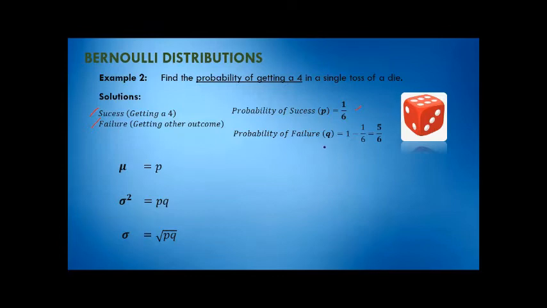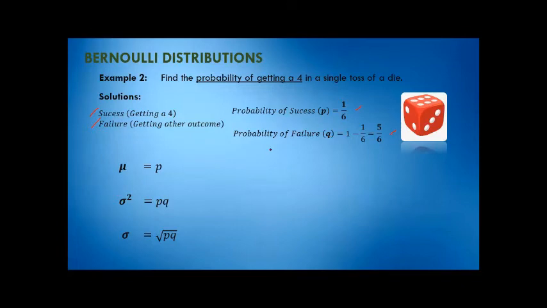And then probability of failure, that is 1 minus 1/6. The answer is 5/6. So dahil Bernoulli tayo, dalawa lang yung probability. Isang probability ng success, 1/6, and probability ng failure, 5/6.